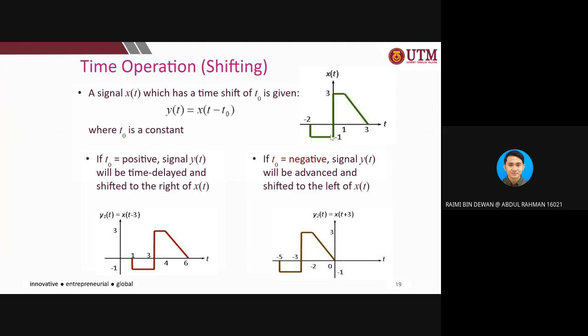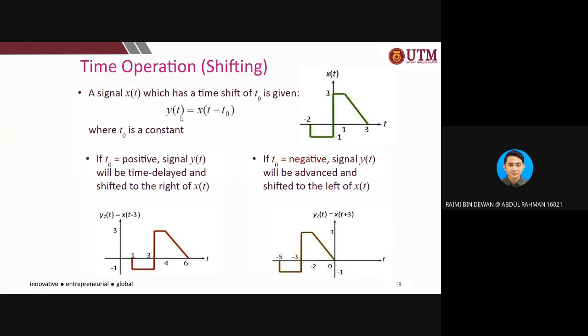Then at t equals -1 you have an amplitude of -1, at t equals -2 you have an amplitude of -1, and from -3, -4 and onwards it will be 0, for example.